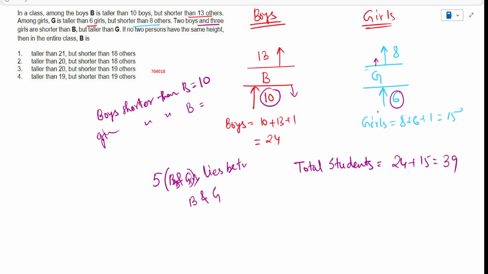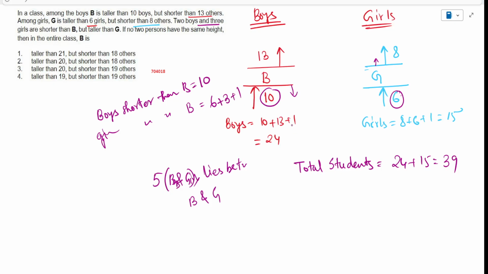Girls shorter than B equal to how many? I think girls shorter than B equal to 6. This 6 plus 3 plus 1.